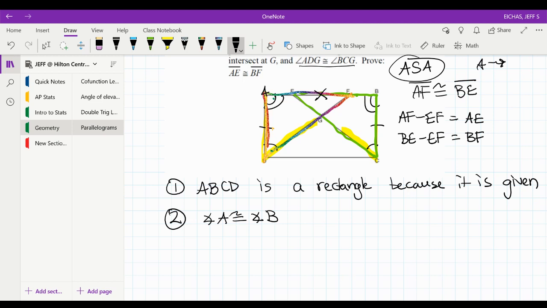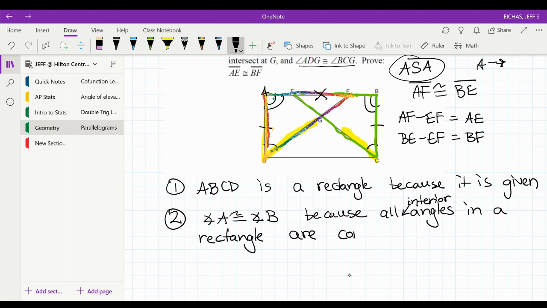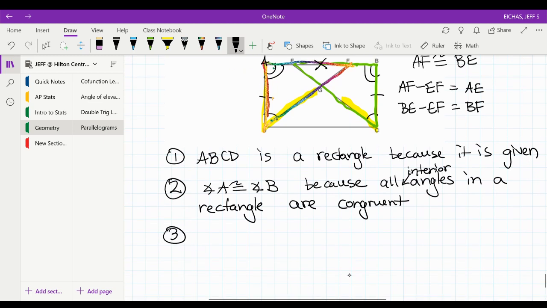But angle A is congruent to angle B, and that's simply because, I'll write this one out, this one's a little different: all interior angles in a rectangle are congruent. Okay, so that gives us one less step than we originally were going to have.